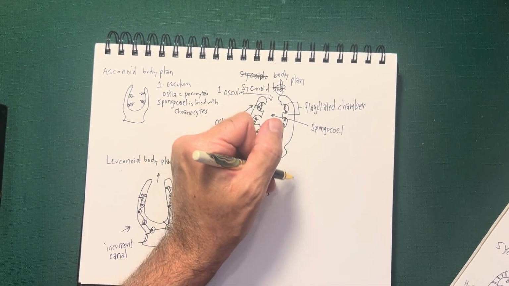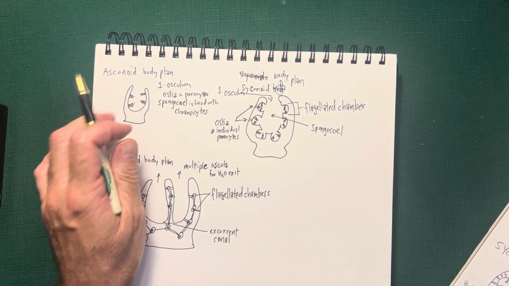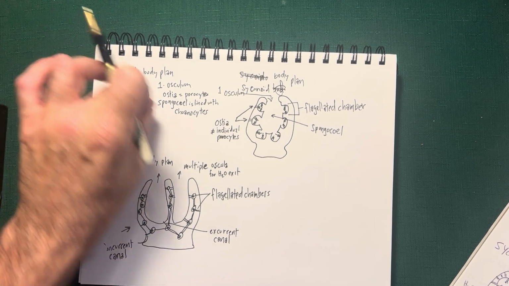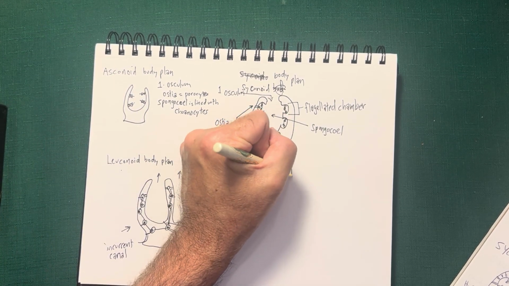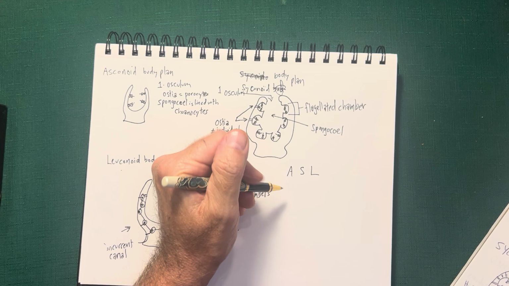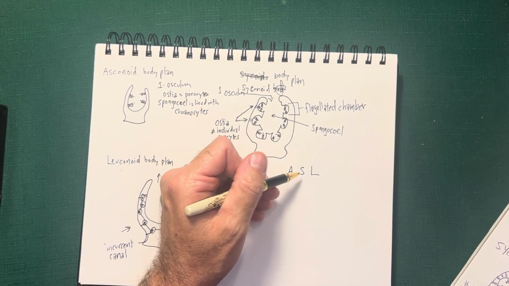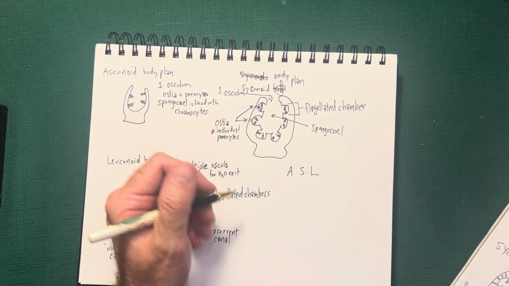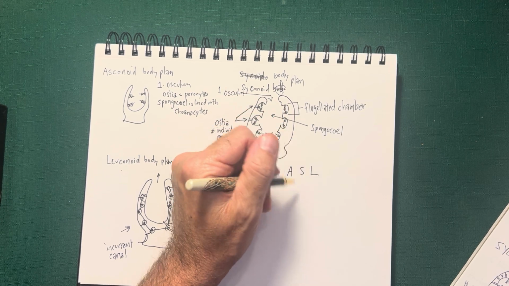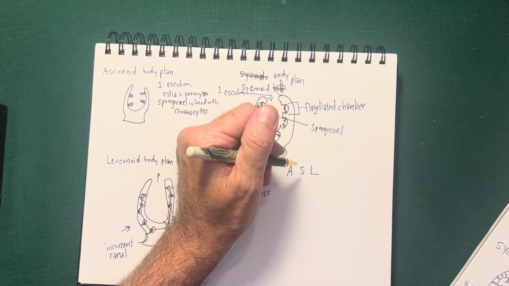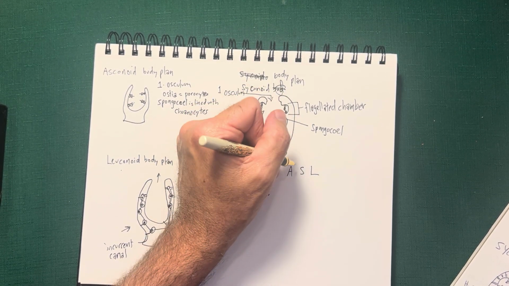So when I try to remember the order of complexity from simplest to the most complex, I think of American Sign Language, ASL: Asconoid, syconoid, leuconoid. And it's not a switch, it's more of a dial.